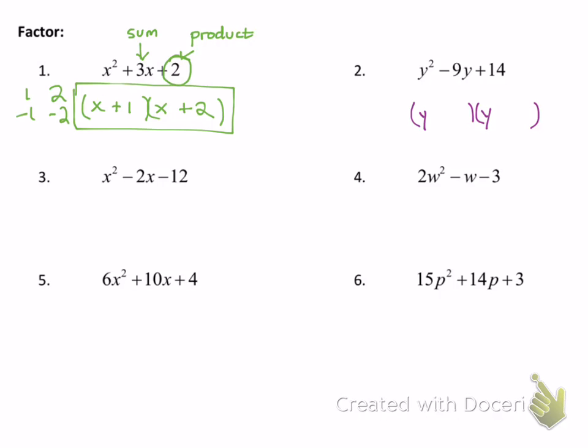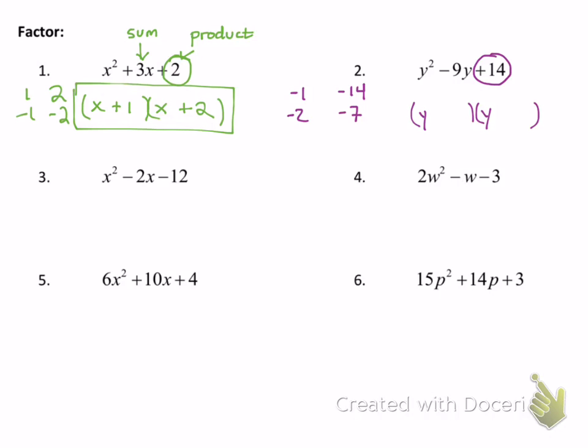So here are the two binomials that I'm starting off with. To get y squared, I need y times y. And then here are the factor pairs. Now, I only gave you all of the negatives. How did I know that? I knew that because if I need a product of a positive 14, I know that the two signs have to be the same.